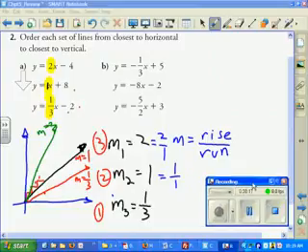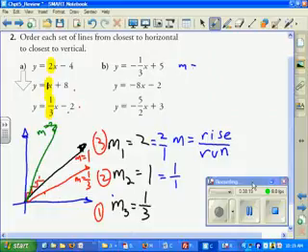So for this one here, our slope is equal to what? Minus 1 over 3. This one here is what? Minus 8 over 1. This one here is minus 5 over 2.